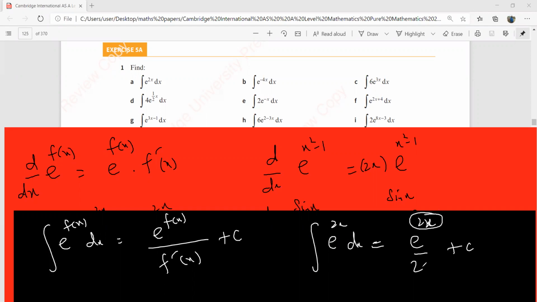Okay, this is 2x over 2. Suppose you have to integrate e raised to power, let's say, 5x minus 1. That is going to be e raised to power 5x minus 1 over 5 plus c.